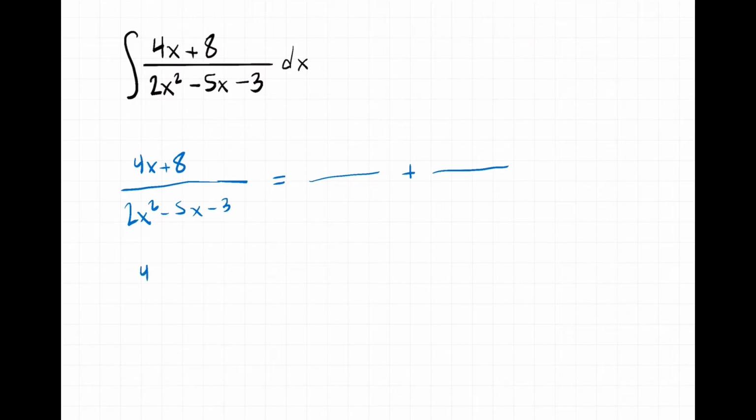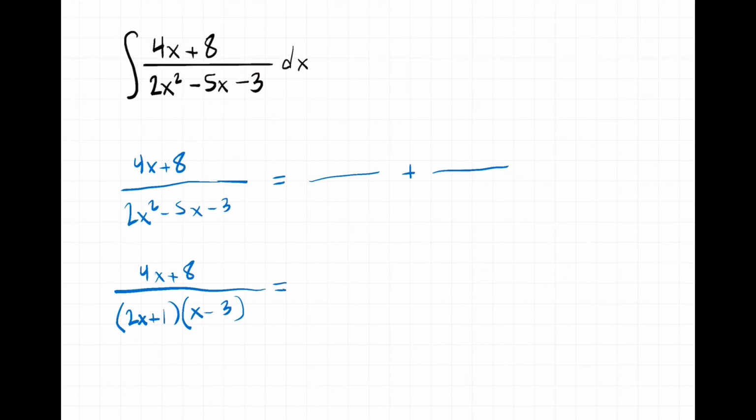On top is 4x + 8 over what? Well, it turns out this will factor as (2x + 1) times (x − 3). So here's our fact from algebra. This is a theorem that says that any proper rational function can be broken down uniquely in the following way.